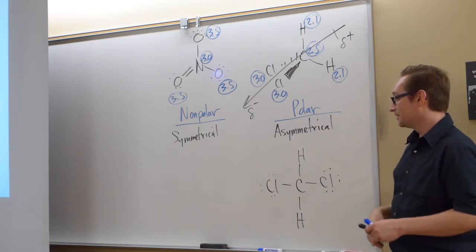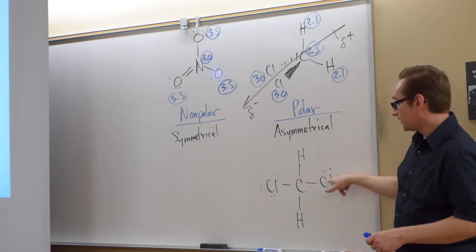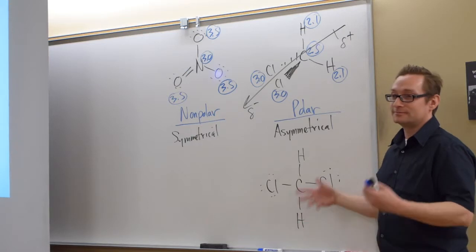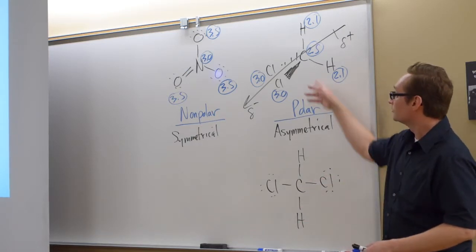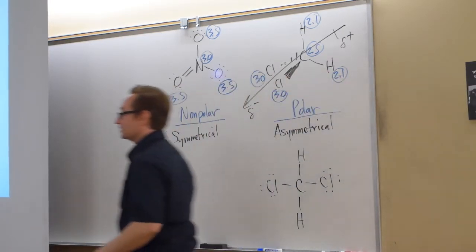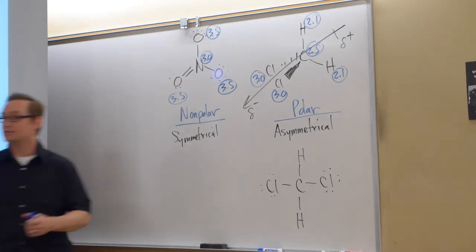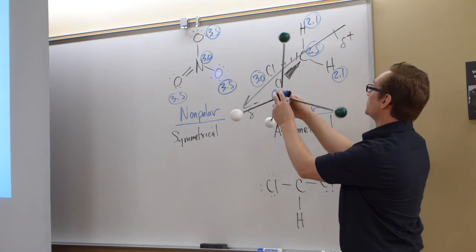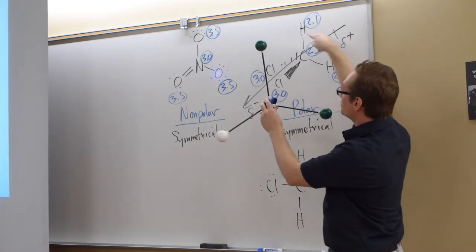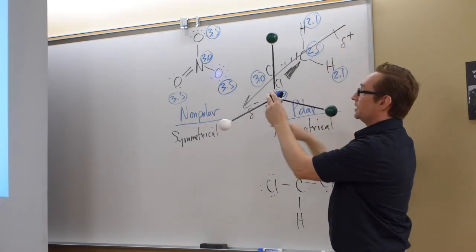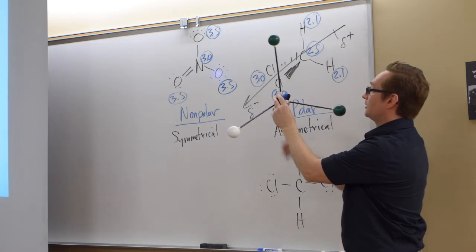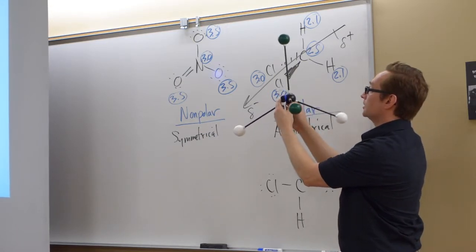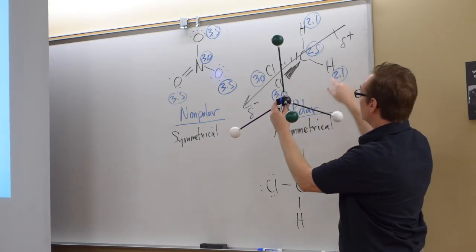Okay, so could I have drawn this chlorine down here? Sure. But does it matter? Really not at all, because again, it's a tetrahedral shape. I could have drawn this molecule with the chlorines up here instead of down here.